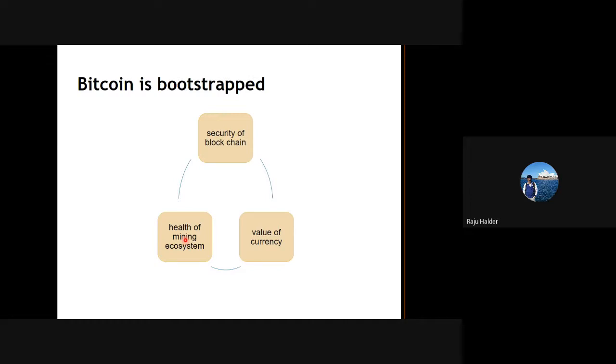But if the ecosystem is very large, you can expect that there must be some honest people, so the mining control, the computation power, will be in the hands of honest people, more than 50%. So if the ecosystem is very large, your Bitcoin blockchain will be secure enough. And if it is secure enough, then of course the value of the currency, the market price, will automatically increase. If the market price increases, then automatically more people will join. And this is circular in nature.